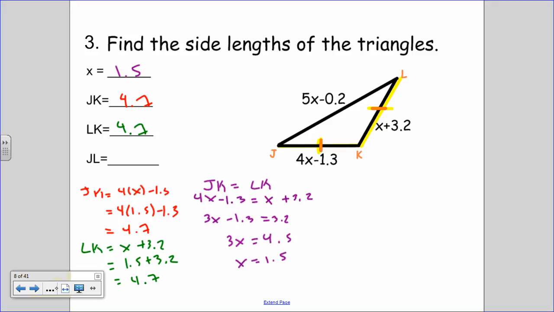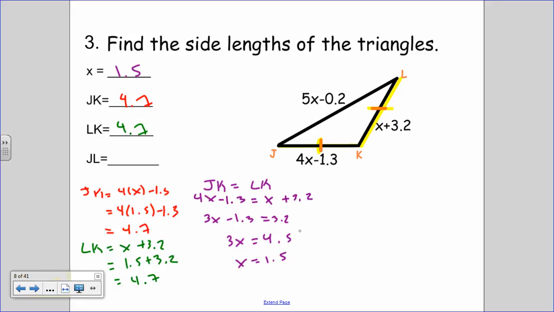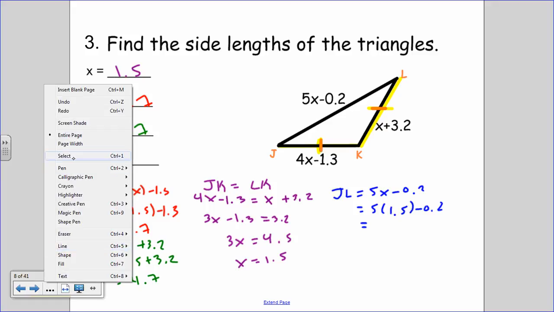So now the last one we have to find is JL. JL is equal to 5x minus 0.2. So that's 5 times 1.5 minus 0.2. Let's grab our handy dandy calculator.